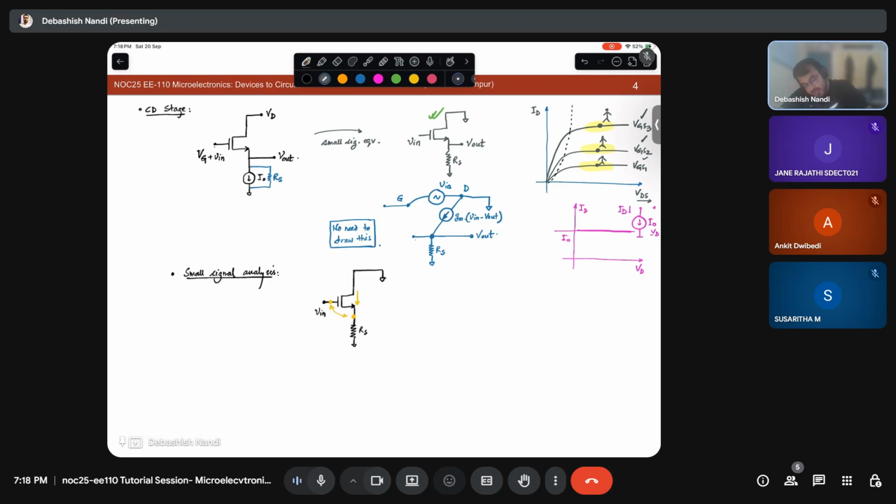So I can simply write this current to be Gm times V in minus V out.